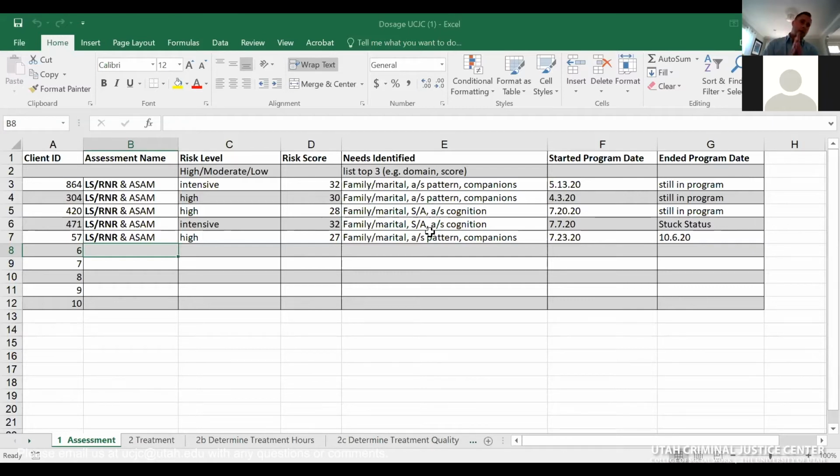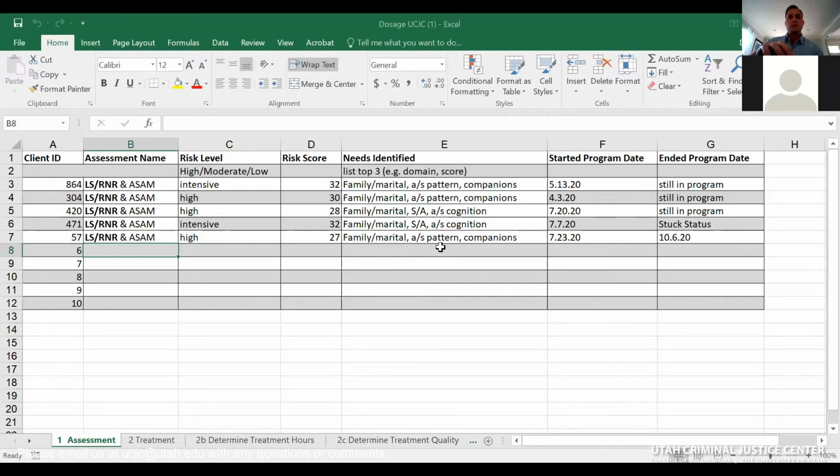There's been a very limited bit of research that would say you want to target those high priority areas first. Those are going to be the most important areas to work on if we're thinking about having the greatest impact on reducing recidivism in the long term. So again, these are just an example here. We have got family, marital, antisocial thinking patterns, companions.